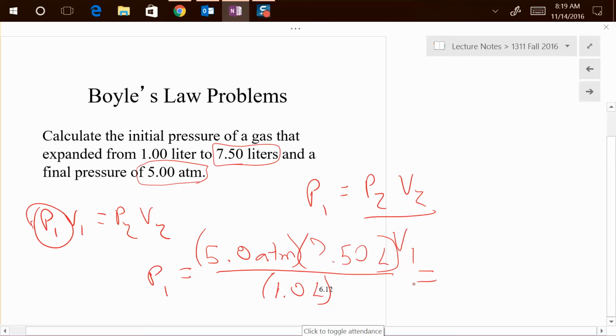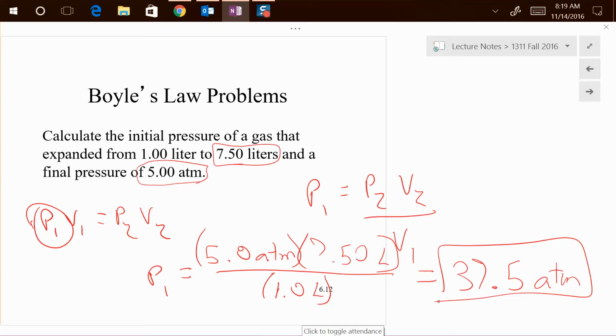What was the initial pressure of this gas? 37.5 atmospheres. That's a very big pressure, but that's the initial pressure for it to go from 1 liter to 7.5 liters. It must have started out at 37.5 atmospheres.